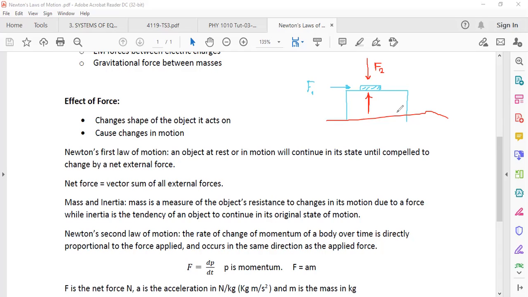As long as this table is going to withstand the force F2, the book will never move. But if this table cannot stand that force F2, the table just breaks, causing the book to fall. But this external force F1 would cause the book to move if it was large enough to overcome its mass.